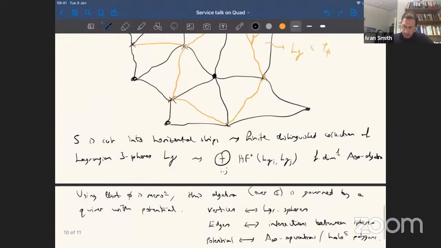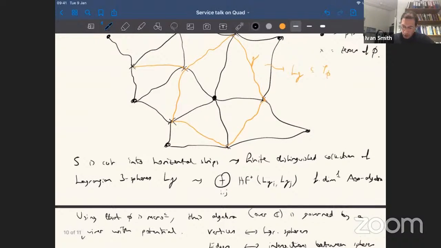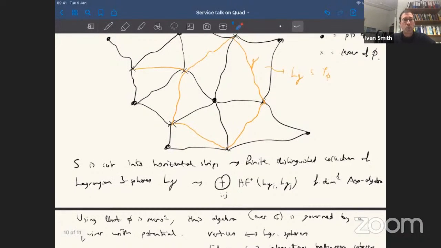And in this kind of sketch picture, it's not so hard to see two kinds of holomorphic polygons. So if each of these things is a Lagrangian sphere, well, three of them are intersecting at this one point, and there's a constant holomorphic triangle at that point, and holomorphic triangles define the algebra structure in an algebra like this. On the other hand, associated to each point of my original divisor D, I have a whole cycle of these Lagrangian spheres.